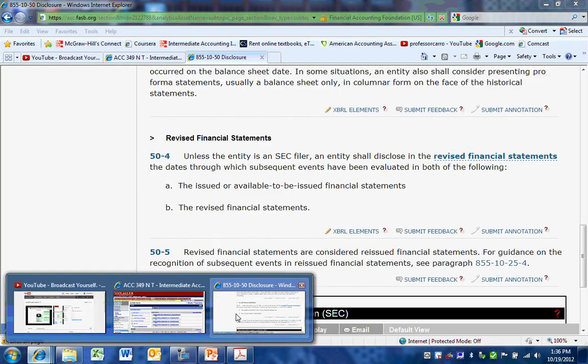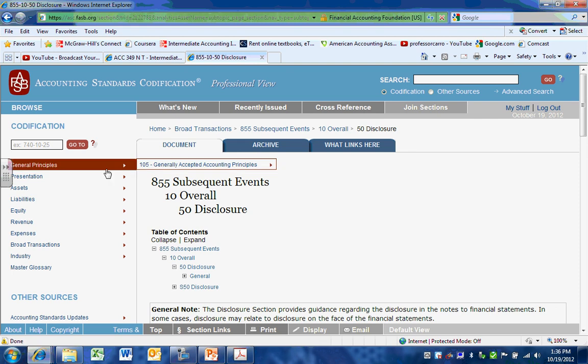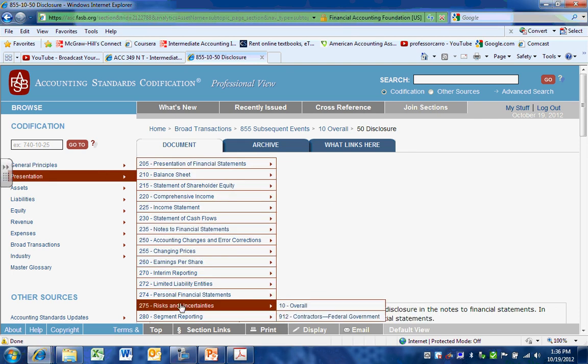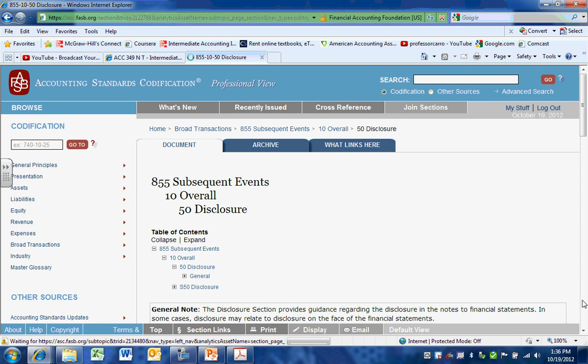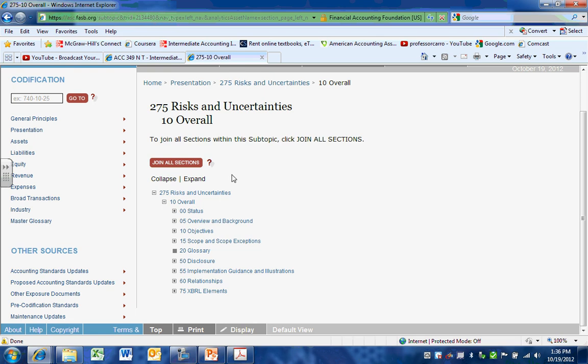And that's covered in the code under section 275 in the overall subtopic in disclosure.